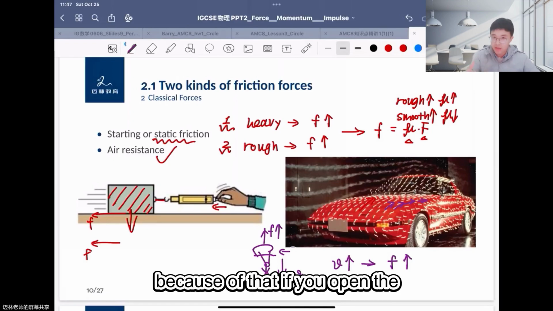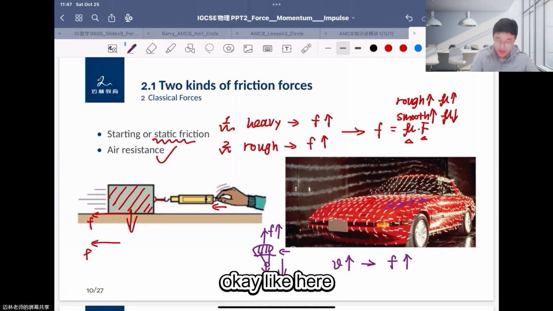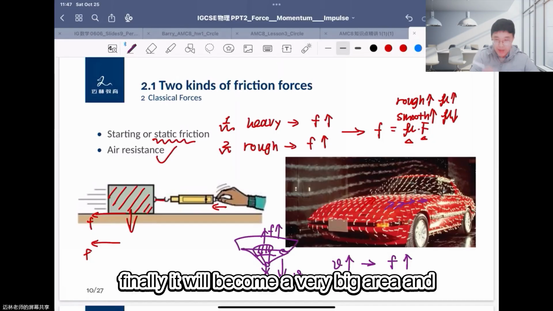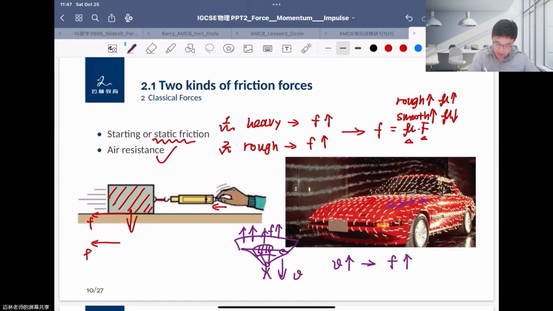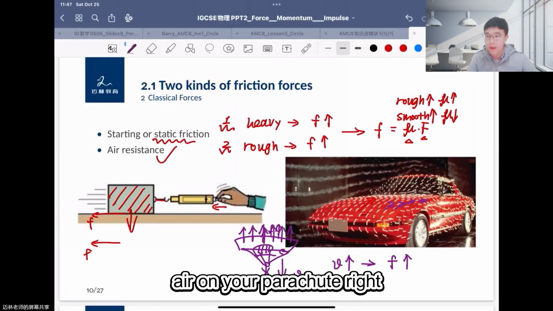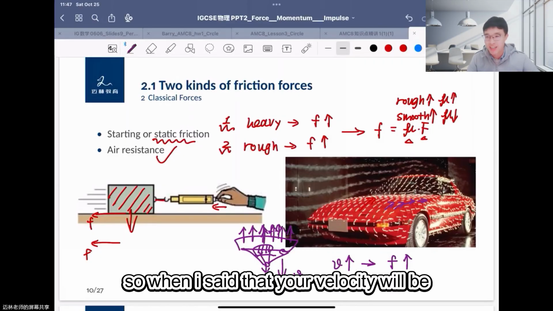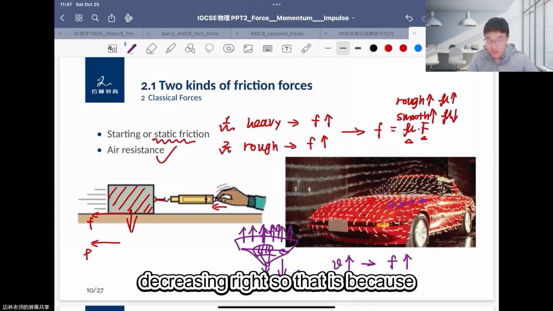Secondly, if you open the parachute, it suddenly becomes a very big area and more air acts on your parachute, so your velocity will decrease.